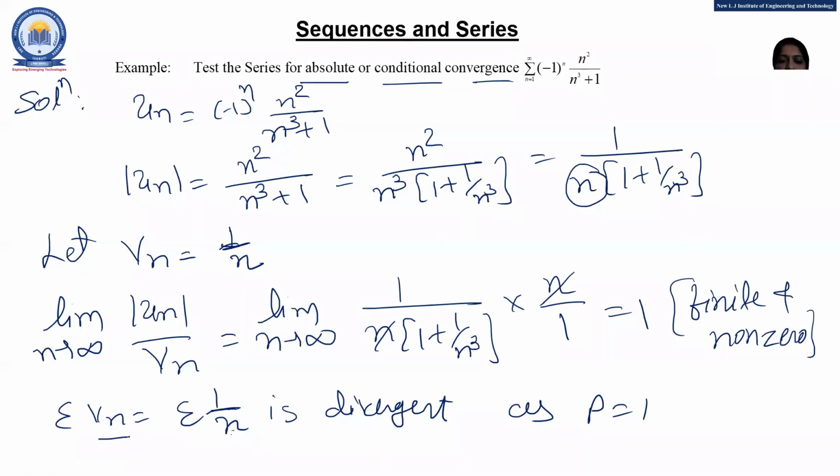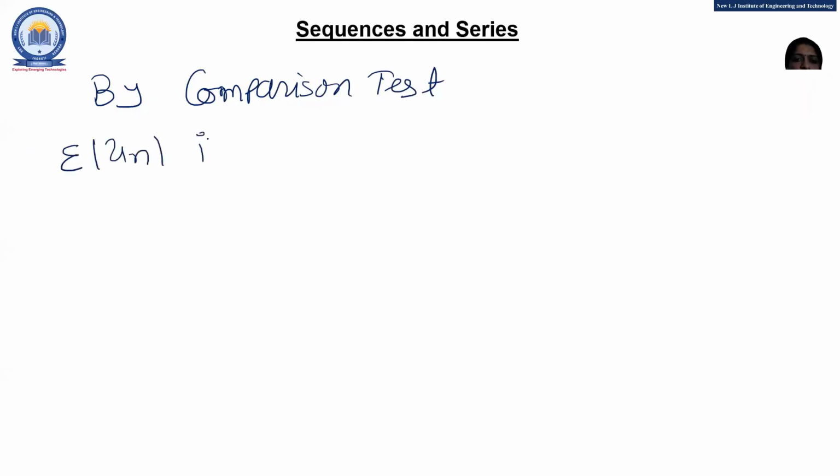As Vn is divergent, so by comparison test, series mod Un is also divergent.